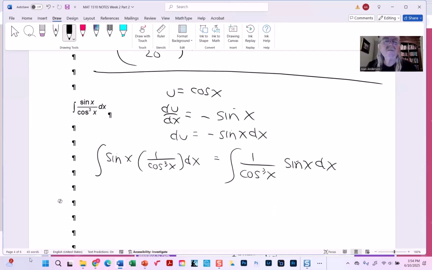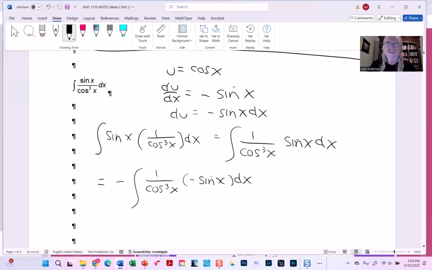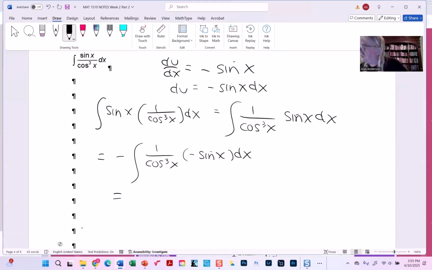We can supply that ourselves because it's equivalent to multiplying and dividing by -1. And so we're all set because what do we have here? We've got 1 over u cubed. Oh, sorry, I must have missed a negative. That would have been bad. Negative 1 over u cubed du.